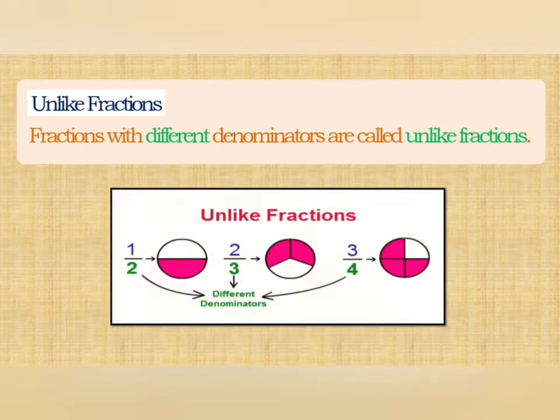Next, unlike fractions. Unlike fractions are fractions with different denominators. See here 1 by 2, 2 by 3, 3 by 4. Here all the denominators are different. So we are saying these fractions are unlike fractions.